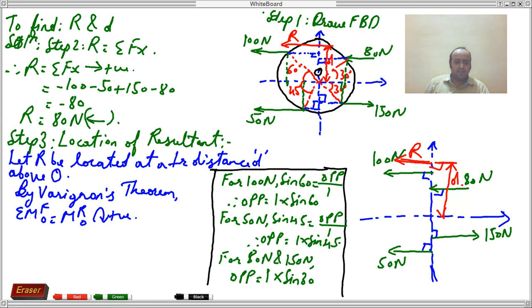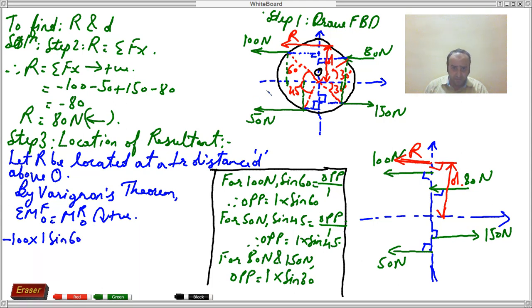We have assumed it. So let us write down the equation, my dear friends. By Varignon's theorem, we are supposed to assume ourselves that we are sitting at point O, and with respect to O, consider every force and how it is causing the body to rotate. 100 Newton is causing the body to rotate in anti-clockwise sense, so it will be minus 100 into its perpendicular distance, 1 sine 60.